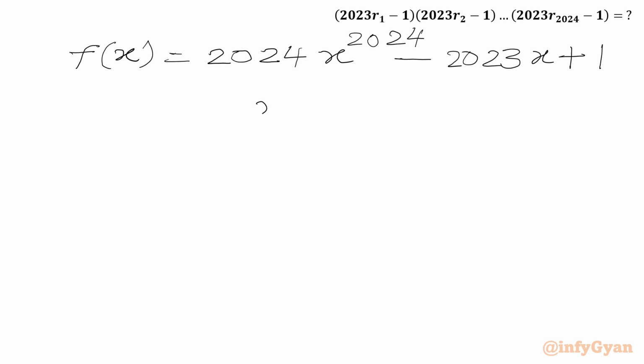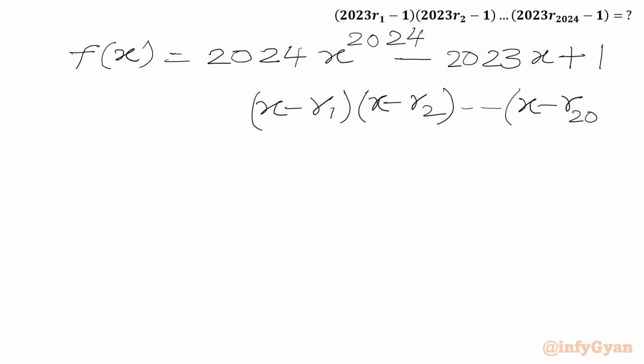So we can write x minus the first root R1 times x minus the second root R2 up to x minus R 2024. As we have leading coefficient 2024, we have to write 2024 times this much equal to f(x).